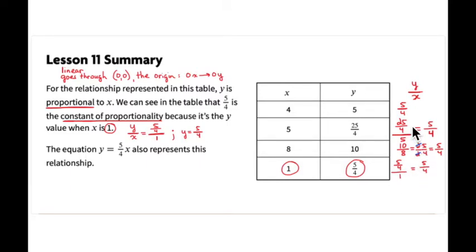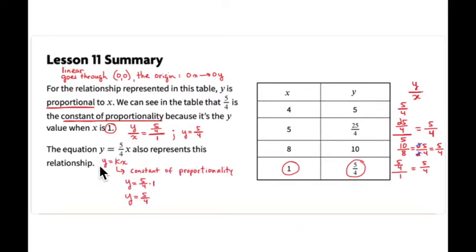You might practice simplifying 25/4 divided by 5 to 5/4. Multiply by 1/5. It's going to give you 25/20, which eventually will simplify to 5/4. And of course, 5/4 divided by 1 is equal to 5/4.